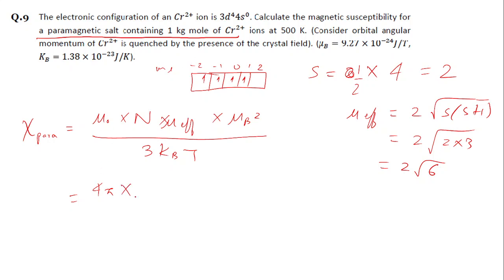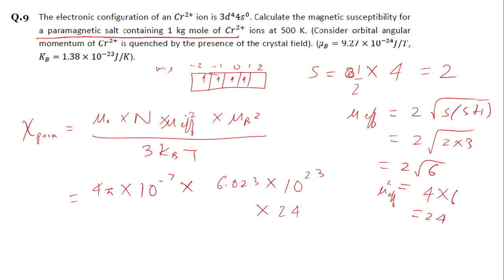Permeability is 4 pi times 10 to the power minus 7, and this is Avogadro number 6.023, in kg, so it will be 10 to the power 23, and then mu effective squared, means 4 times 6, 24.